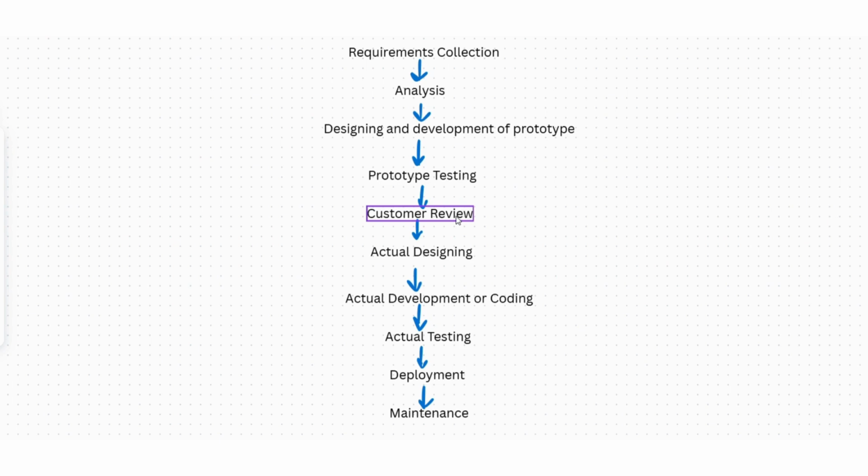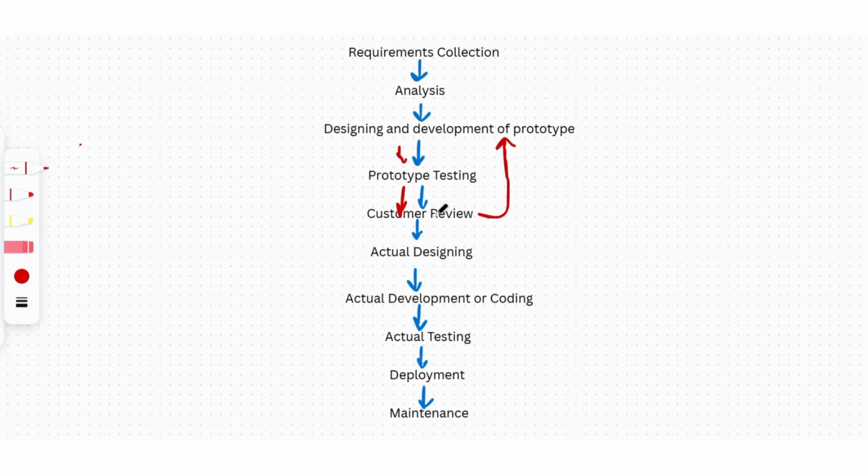So the revision can happen multiple times until the customer is fully satisfied. That means in customer review, the customer will give some changes that will be passed to the prototype designing and development team, that is the designers. Designers change whatever the customer mentioned. After that, testing happens and then customer review. This continues until the customer is satisfied with the designs.